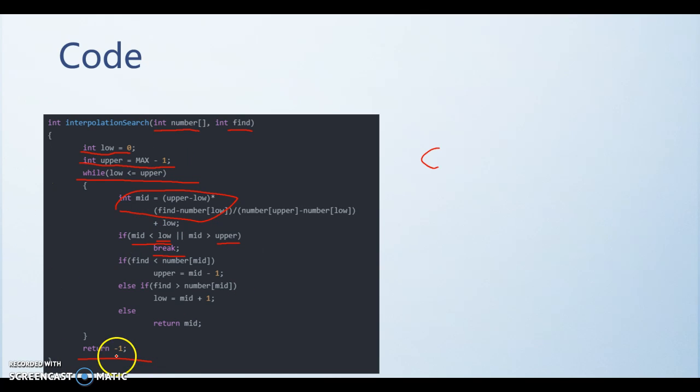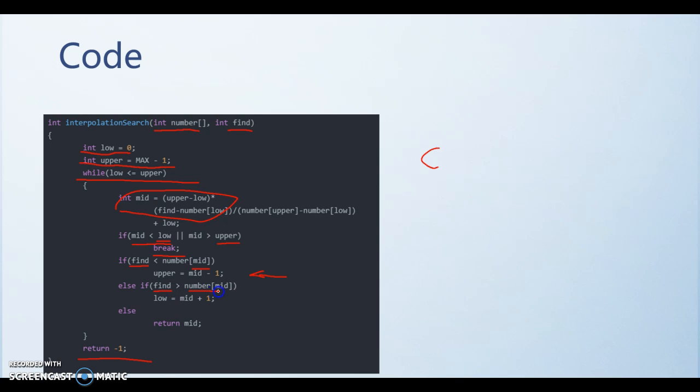We know we got this situation. If the find is smaller than the middle, we go to the left side of the middle, and the upper is equal to mid - 1, because we want to go through in this direction to find what we want. They have the same logic.